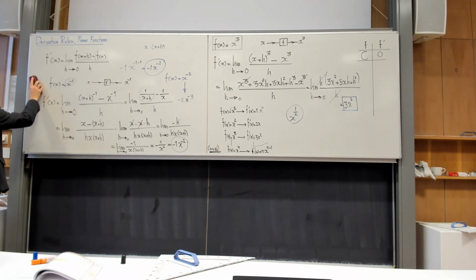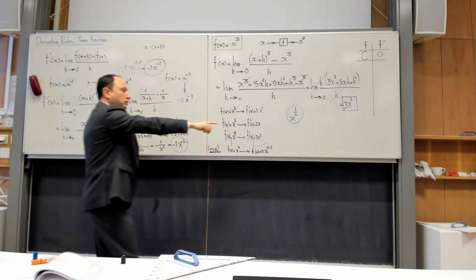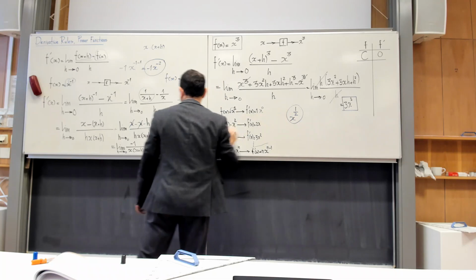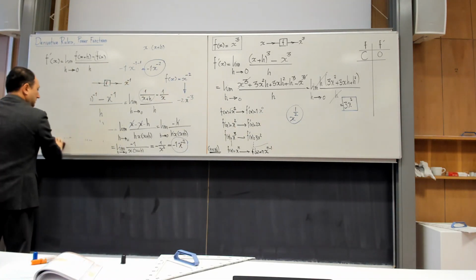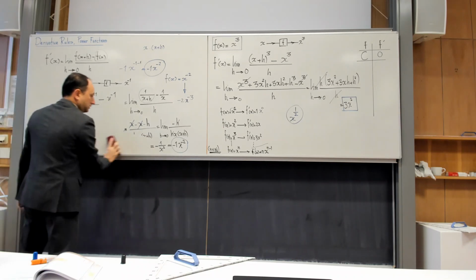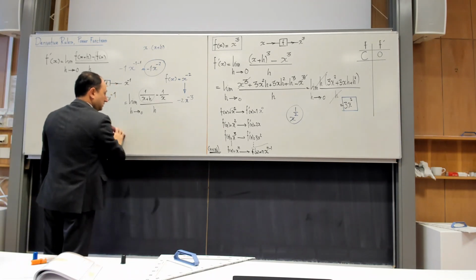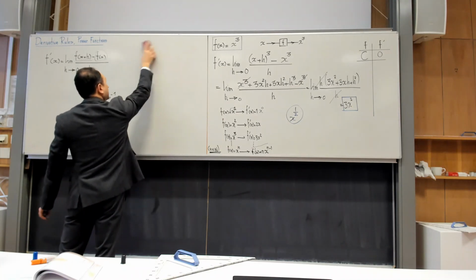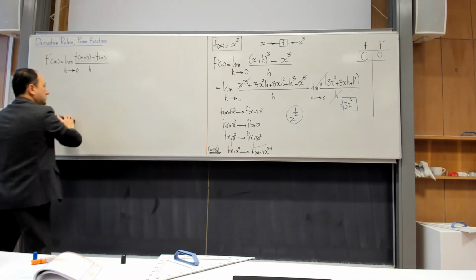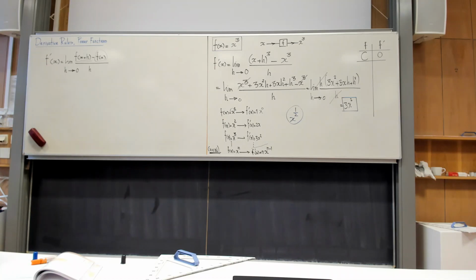Okay, so let me clean this. And now we want to do it once more for this case. So I want you to understand why I have to repeat it.